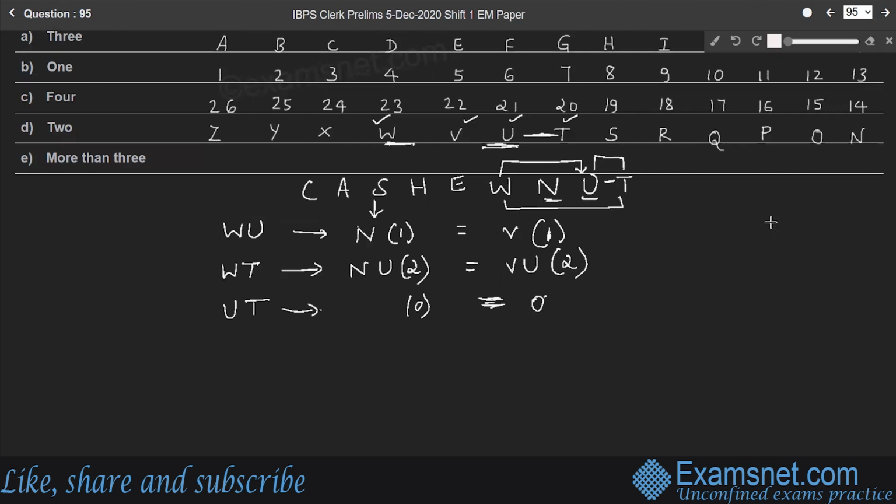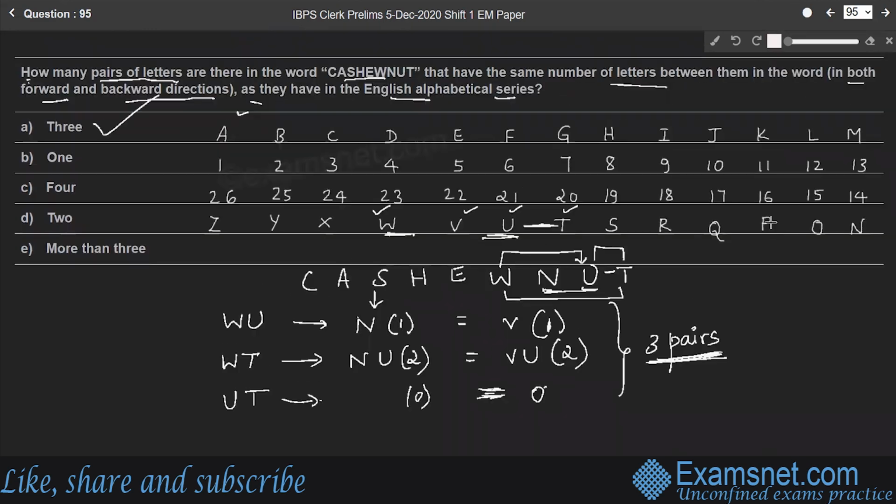So the number of letters between them is equal, right? Therefore, totally there are 3 pairs such that the number of letters between them in the given word is equal to the number of letters between them in the actual alphabetical series. Therefore, in the options, option A is the right answer.